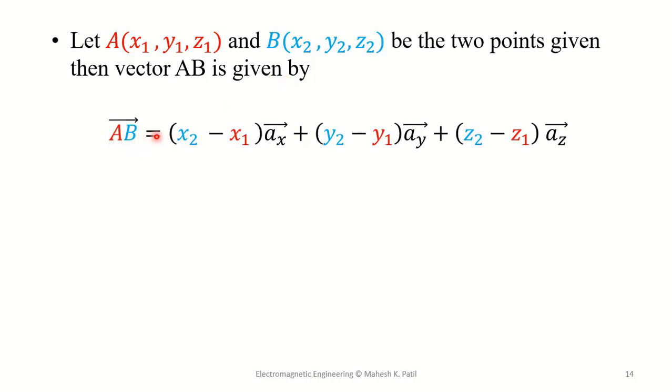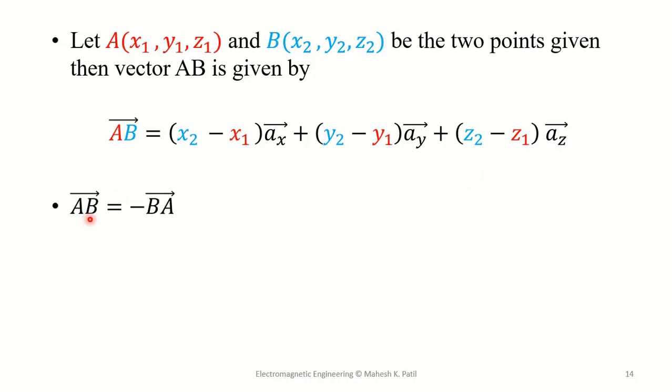Vector AB is equal to the coordinate of B minus the coordinate of A. So x2 minus x1 ax bar, plus the corresponding coordinate of B in y direction minus that of A, that is y2 minus y1 ay bar, plus z2 minus z1 az bar. In this way the vector is written.